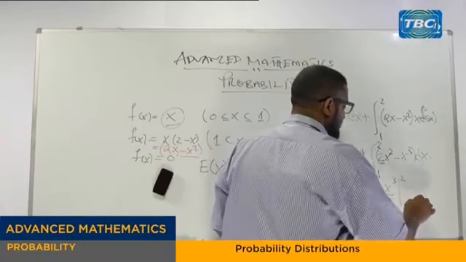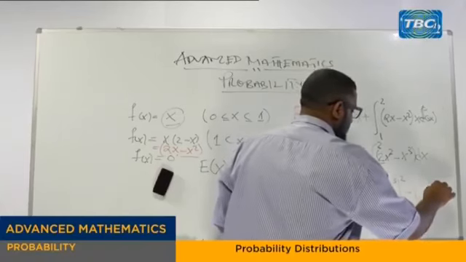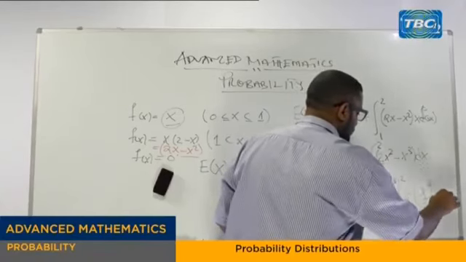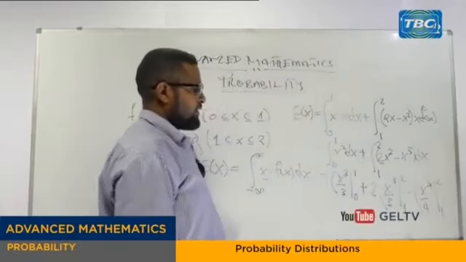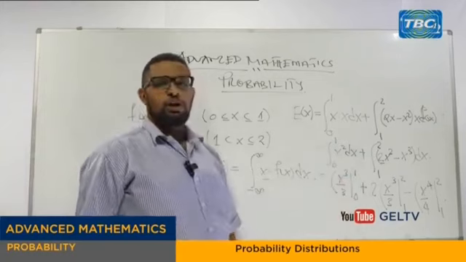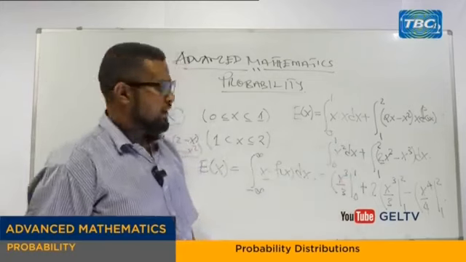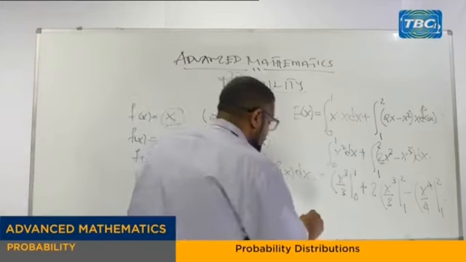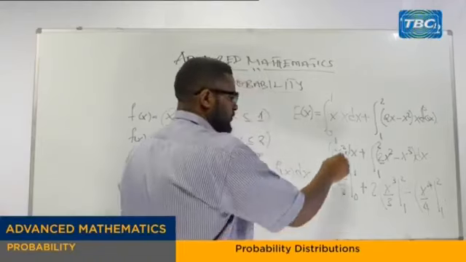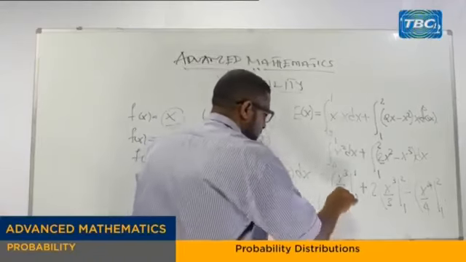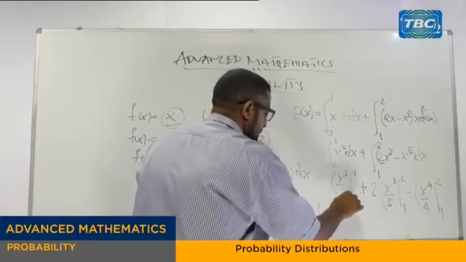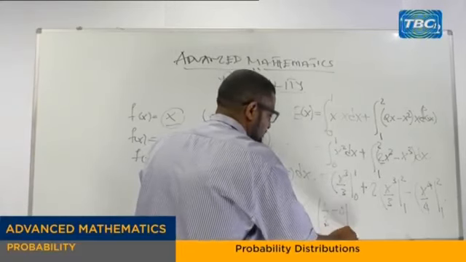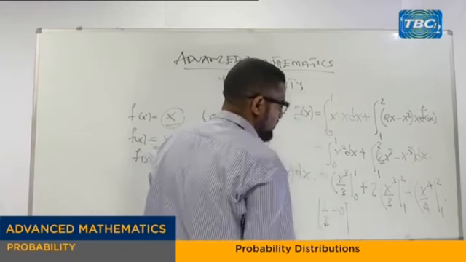It will be minus x power 4 over 4 from 1 to 2. Then from there, use your calculator, simplify. If you substitute the values that you're given, in the first part you'll have 1 over 3 minus 0 over 3, which is equal to 0.